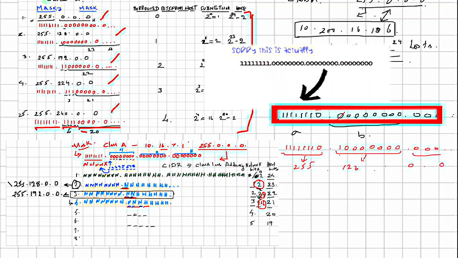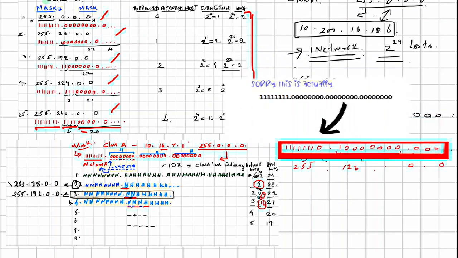We have just taken one bit of the host portion and added it to the network portion. So the subnet mask becomes 255.128.0.0.